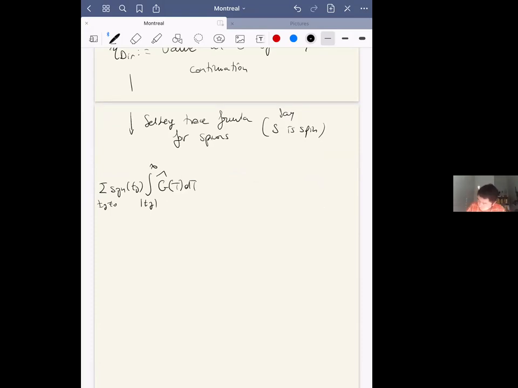dt minus 2 sum over the geodesics of L of gamma 0 divided by L of gamma, sine of holonomy of gamma divided by 2. And then g of L of gamma.